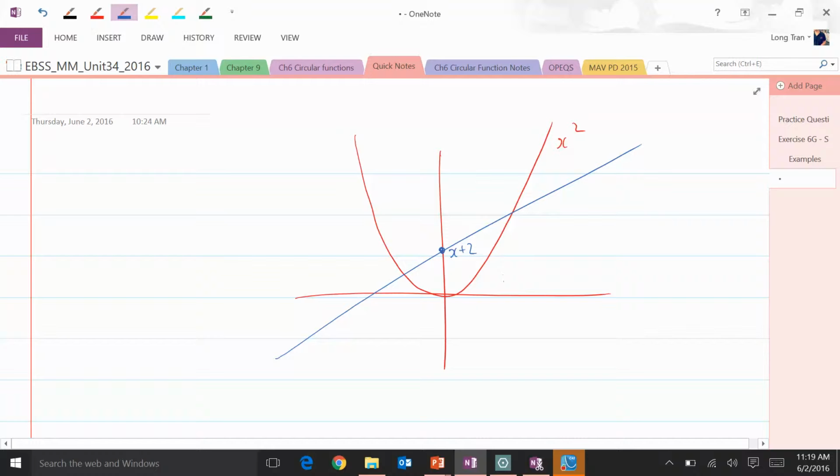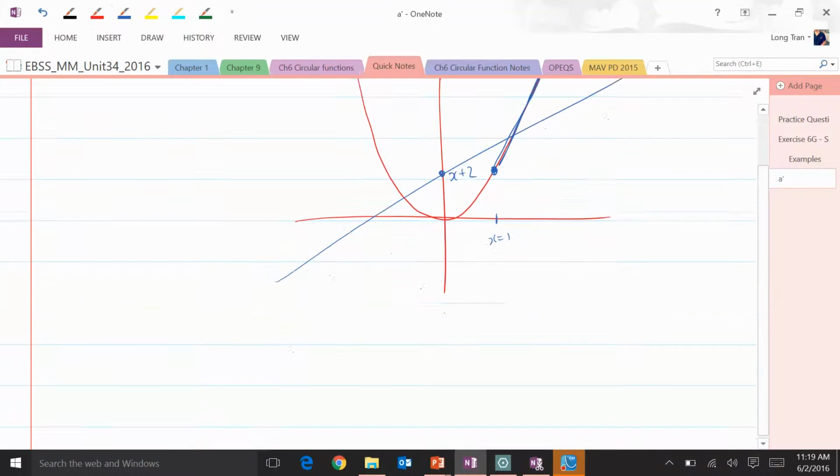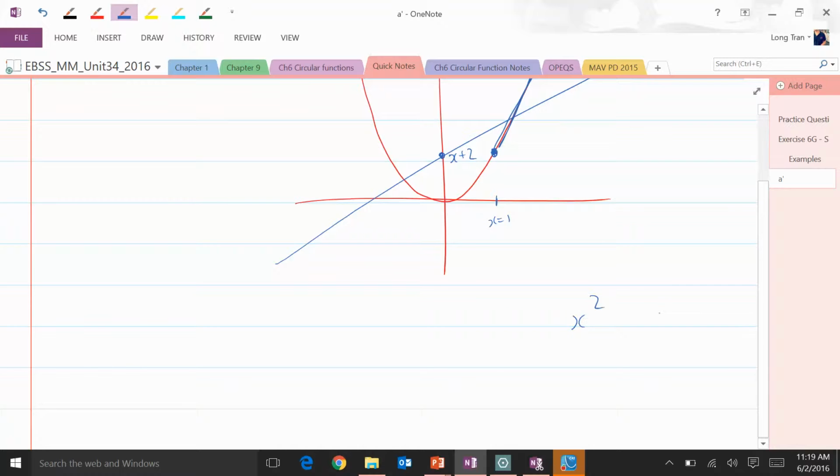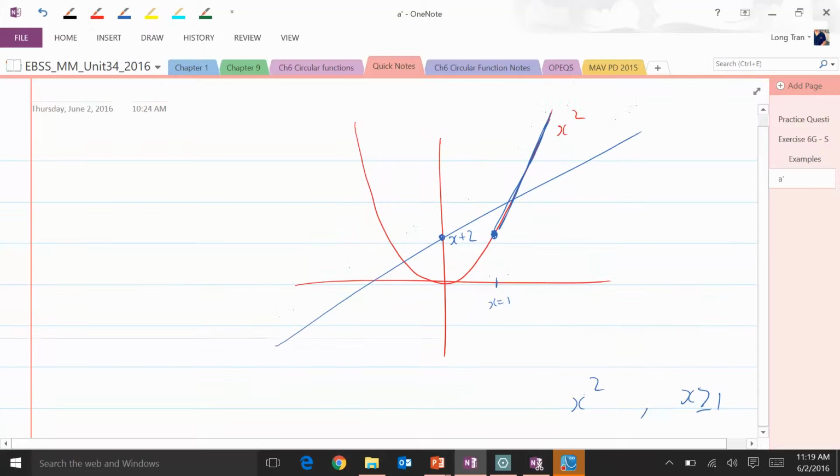What I can do is, what if I said for the x squared graph, I only want it from when x is equal to 1. So I only want to sketch from x equals 1 onwards. Then I'd say I want x squared, and I want the domain to be x greater than or equal to 1. That's what I'm saying. So that means I'm not going to sketch anything in the red part right now.